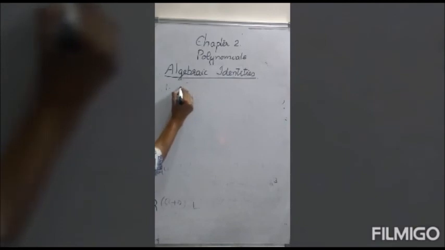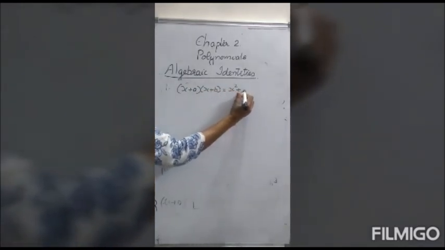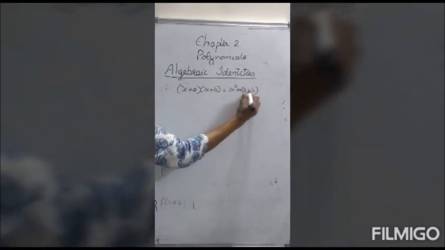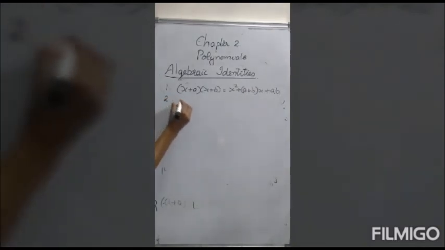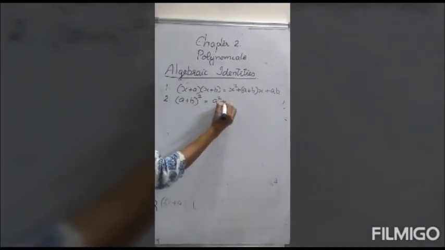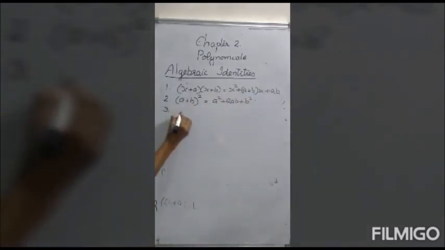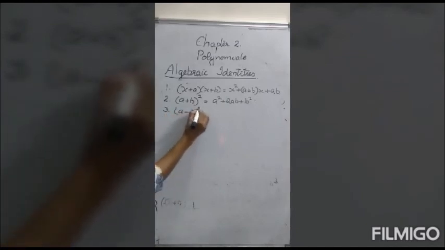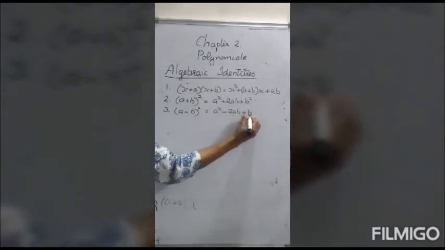First one, (x + a)(x + b) equals x square + (a + b)x + ab. Second, (a + b)(a + b), that is (a + b) whole square, equals a square + 2ab + b square. Now third one, (a - b) whole square equals a square - 2ab + b square.